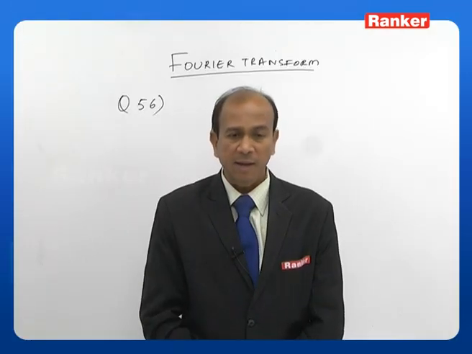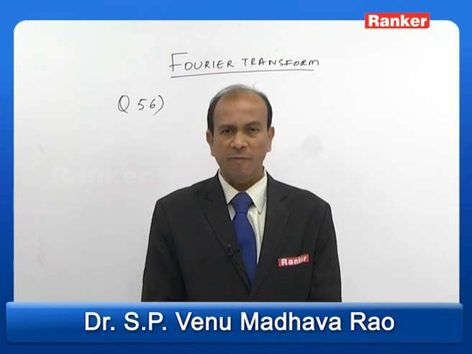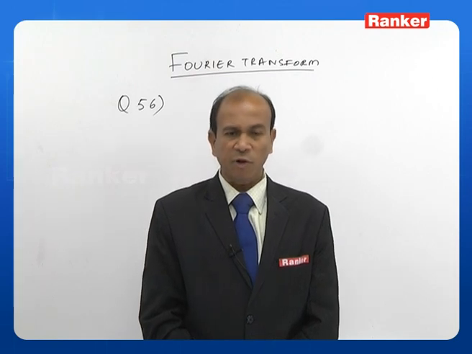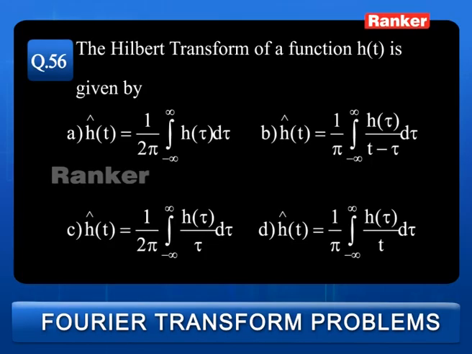The answer is B. That is, Hilbert transform h cap of t is equal to 1 by pi integral minus infinity to plus infinity h of tau by t minus tau d tau. Answer is B.